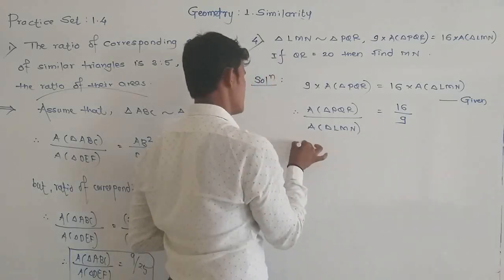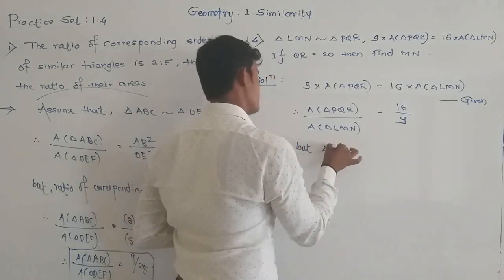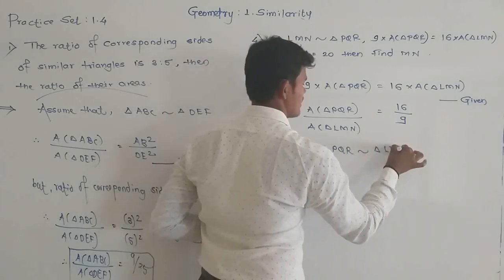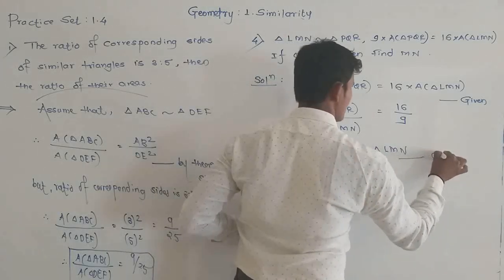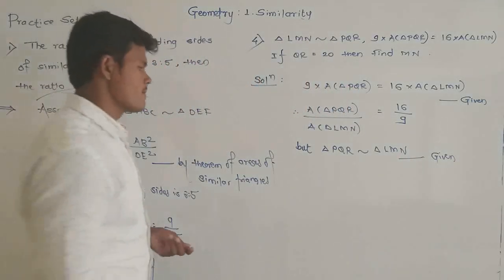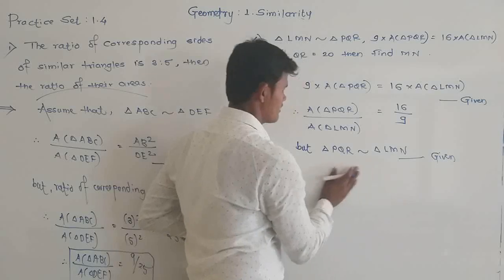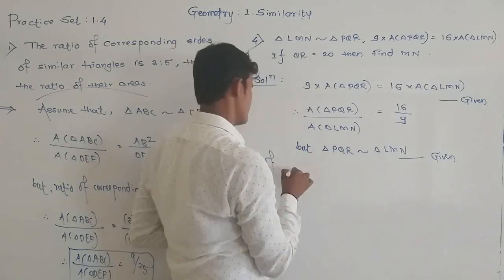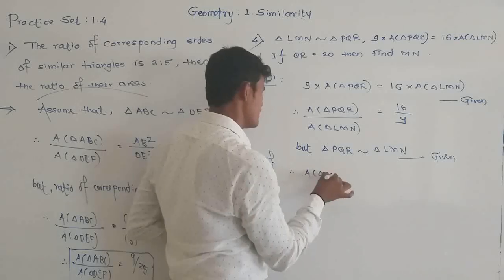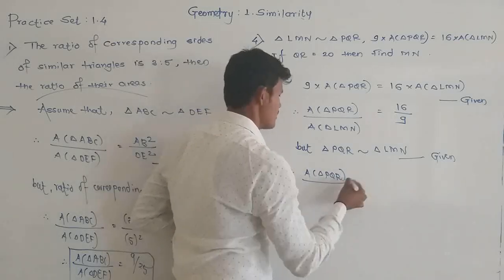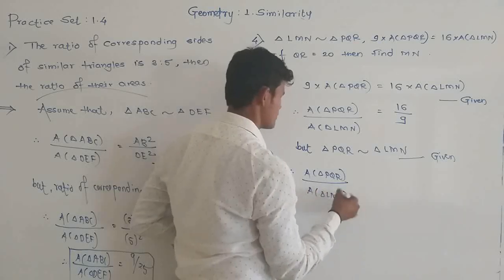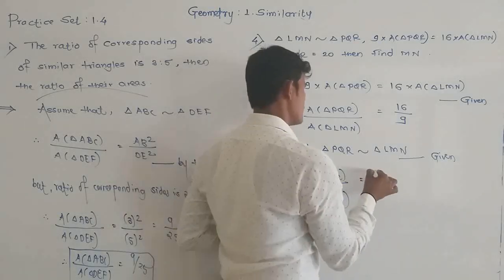Okay, but it is also given that triangle PQR is similar to triangle LMN, and if two triangles are similar then take the ratio of areas of the triangles. That means we have to apply the theorem of areas of similar triangles. So area of triangle PQR to area of triangle LMN is nothing but PQ square.